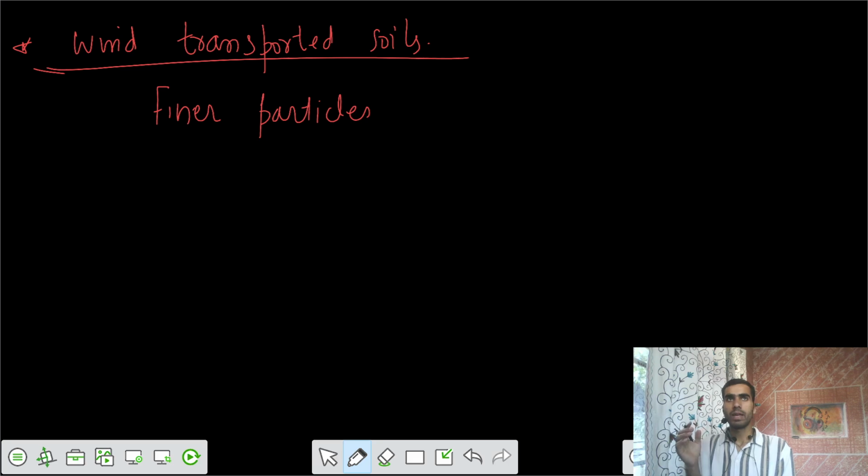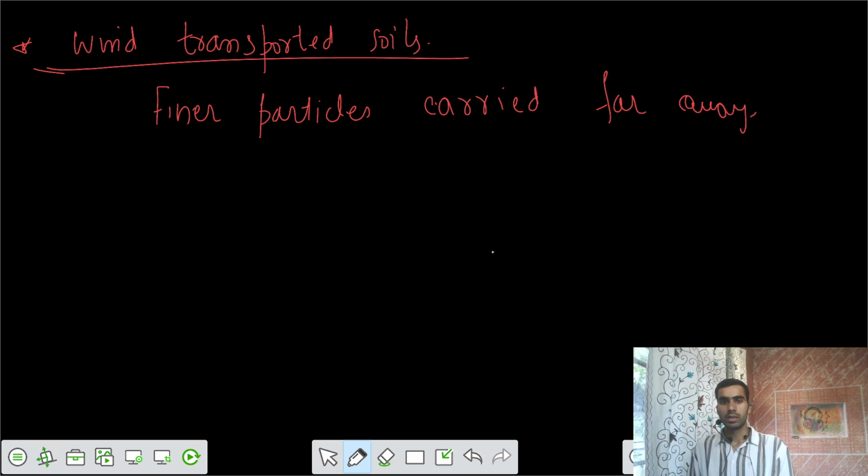So the wind can carry finer particles to a far distance, far away from their origin. If you talk about dune sands or sandstorms, you might have seen a sandstorm. In that case, you have an example of transportation of sandy soil from one place to other. So that's your wind transported soils.